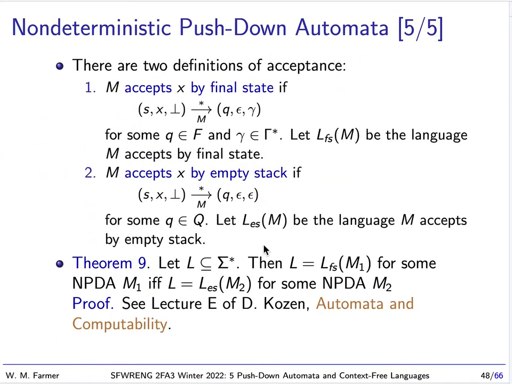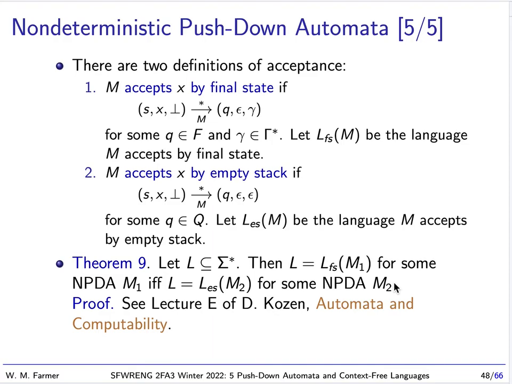Now, you might wonder how these two things relate to each other. They're related by what I'm calling Theorem 9. If we have some language over an alphabet sigma, then that language will equal the language that's accepted by final state for some NPDA M1, if and only if it's accepted by the empty stack acceptance criterion for some NPDA M2.